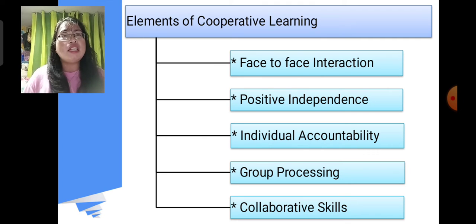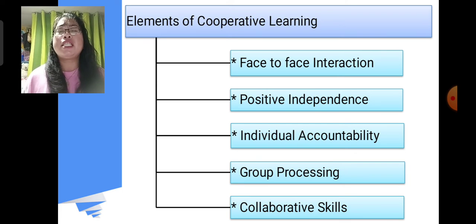In this element, the students promote each other's learning through face-to-face activities where they discuss and explain assignment topics with each other. The second one is positive interdependence.